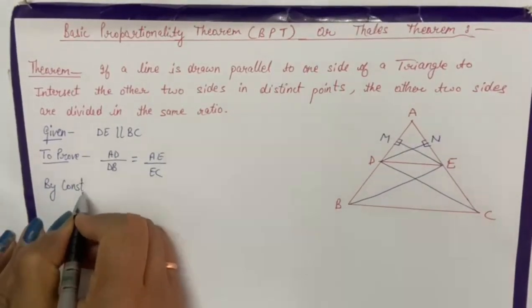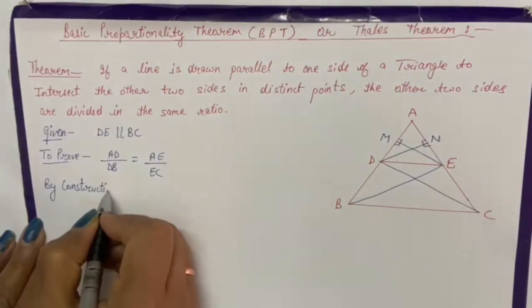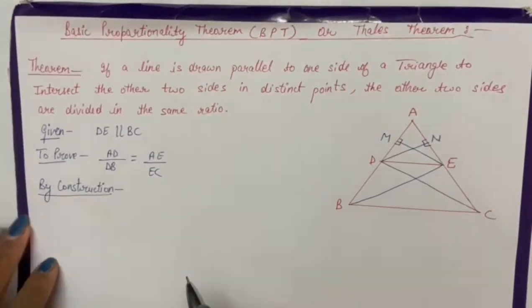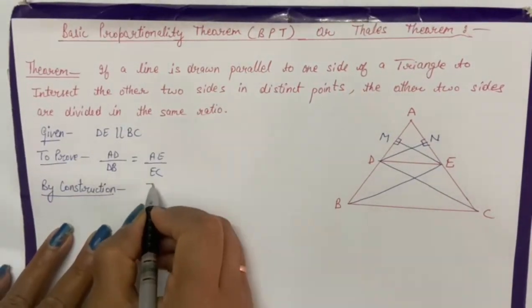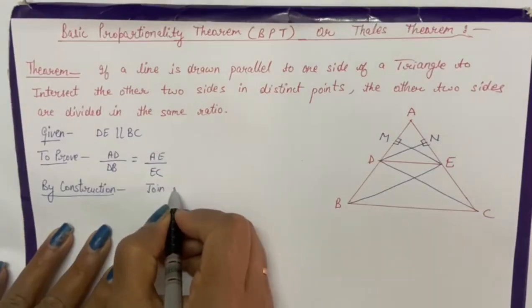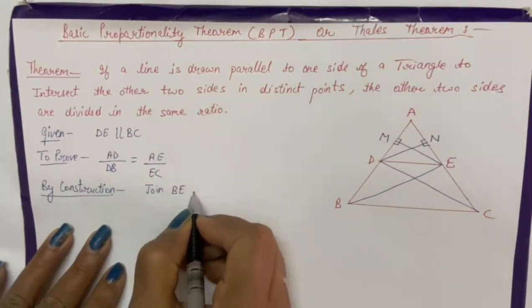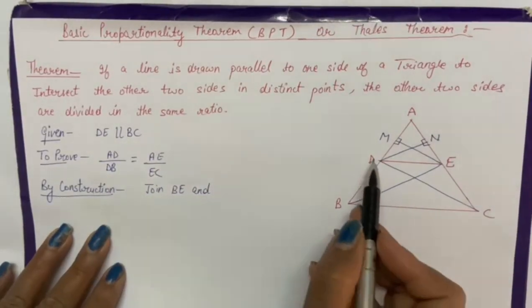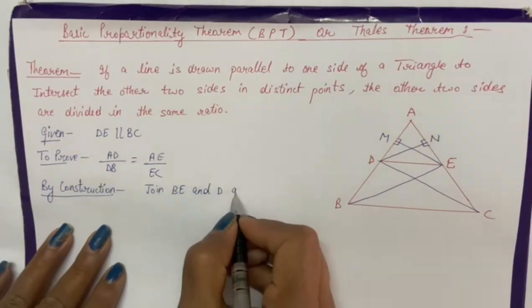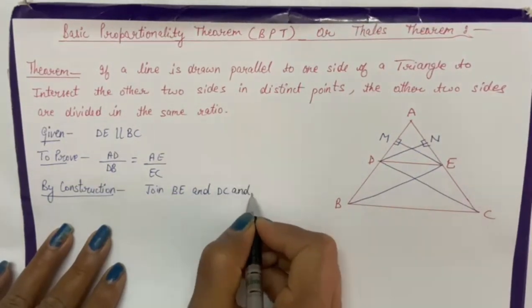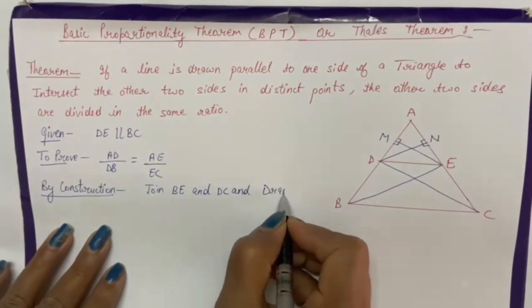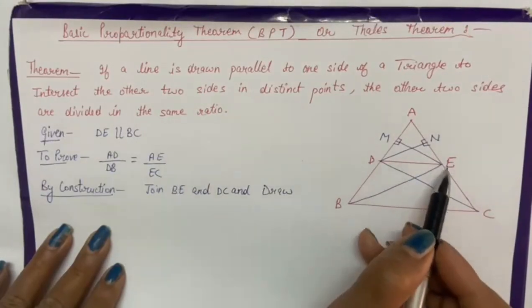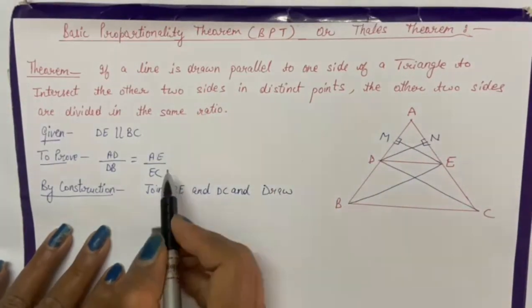So by construction we'll write join BE and DC and draw EM perpendicular to AD.